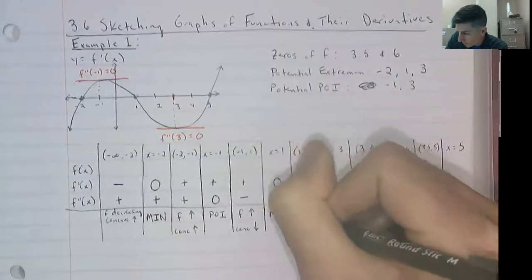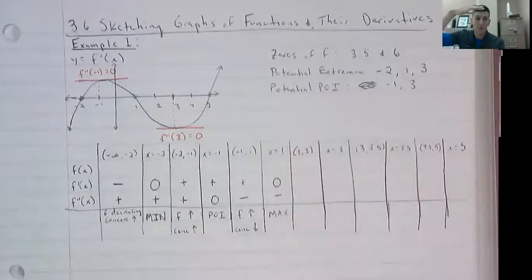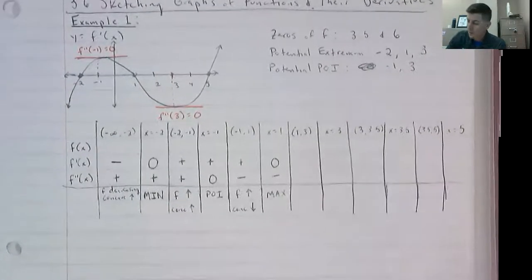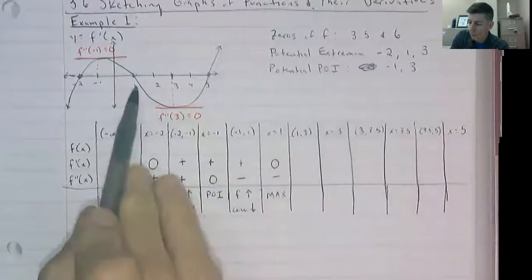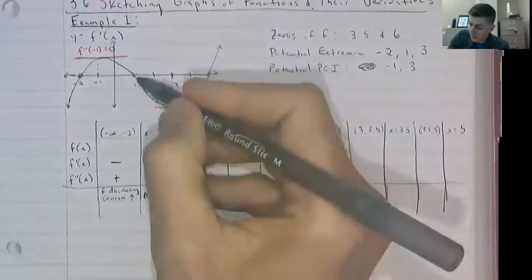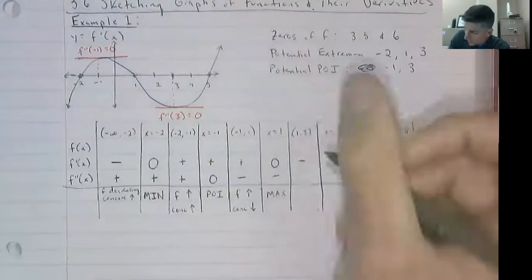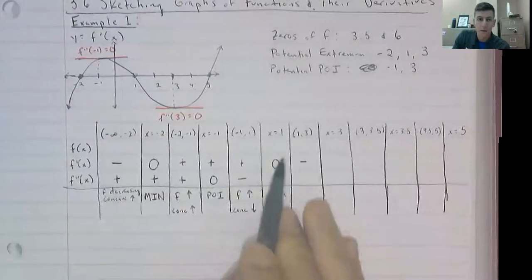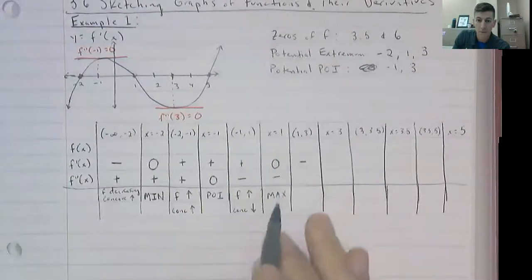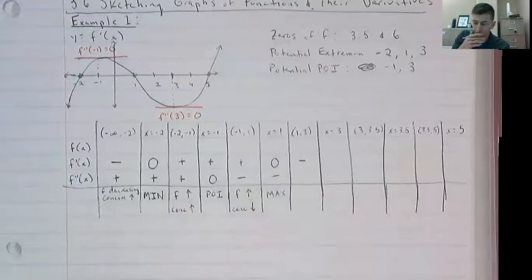Because if we are concave down at a horizontal tangent, that must be a relative max, which is then confirmed when we look between 1 and 3. This graph is below the x-axis, which means the first derivative is negative, and we see the first derivative test also confirms that we have a max at 1.